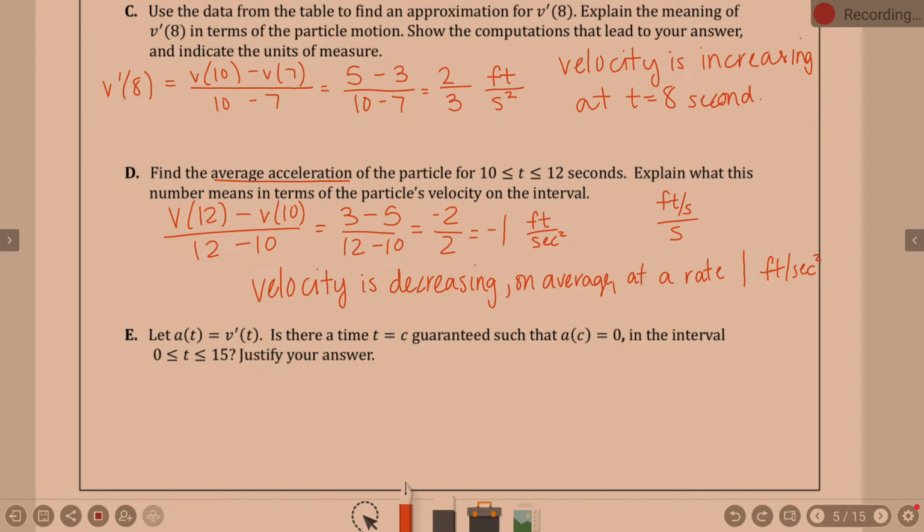Okay. And E. Let A of t equal V prime of t. Is there a time t equals c guaranteed such that A of c equals 0 in the interval 0 to 15? Justify your answer, of course.